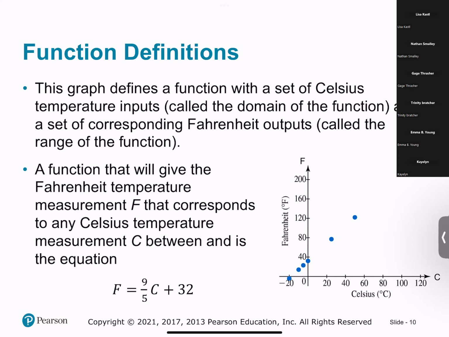What we get from the output is degrees Fahrenheit, and that's the range of the function. A function will give the Fahrenheit temperature measurement F that corresponds to any Celsius temperature measurement C. And we can define that using this equation.